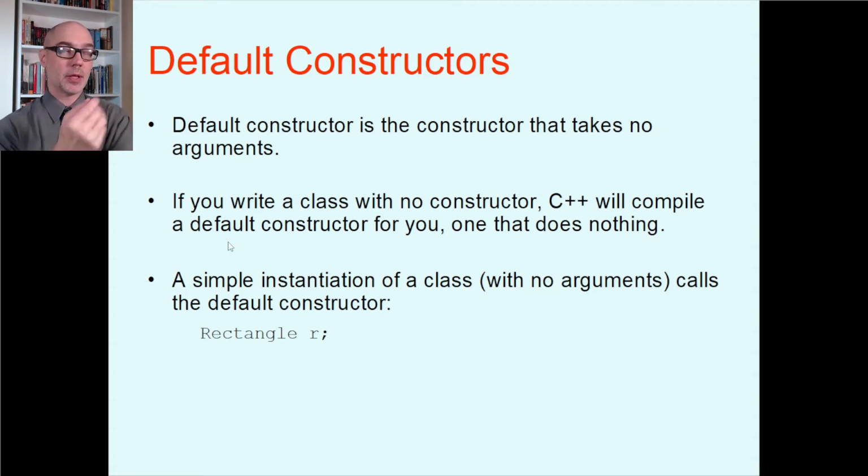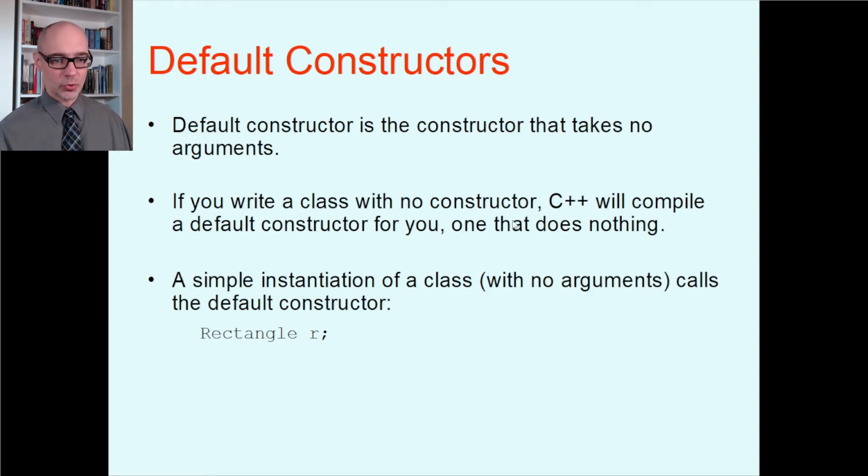Now, if you, the class programmer, don't write a constructor like that for your class, C++ is actually going to compile one anyway for you. And it's going to be sitting in memory, and it's going to be effectively blank. But there needs to be a default constructor. You don't have a choice about it. And C++ will actually fill one in. Again, you're not going to see it in the source code, but in memory it's going to be there, a default constructor that does nothing.